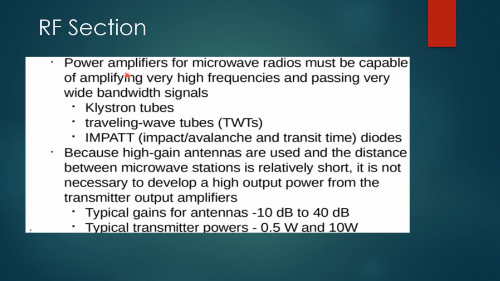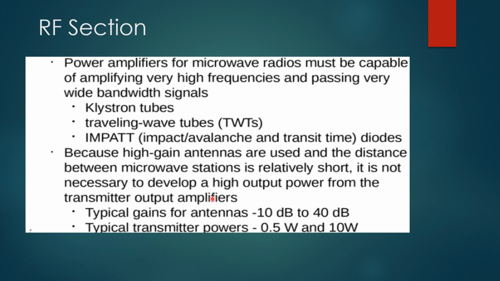Then for the power amplifier, as I told, we can use either klystron, traveling wave tube or even impact diodes. And high gain antennas are to be used. We know that we are having a line of sight communication and the distance is going to be short. So it is not necessary to develop a high output power from the transmitter output amplifiers.